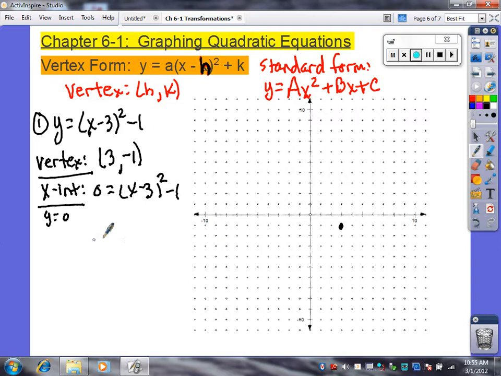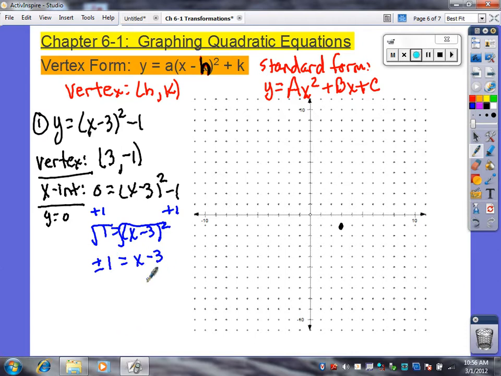So we add 1 to both sides, and we have 1 equals this. What do we do now? Yup, we take the square root of both sides. This side is just x minus 3. This side, the square root of 1, is positive and negative 1.